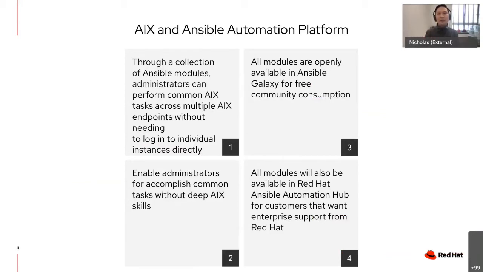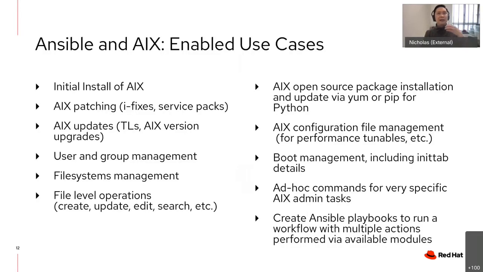So if you have a subscription, this is the secure place to get that content, because you can be fully confident that it is fully supported by Red Hat, and if you run into any problem, you can call us, right? There are many use cases, and I think Rahul will go over some of these, right? Many of these common tasks will be very familiar if you're an AIX administrator.